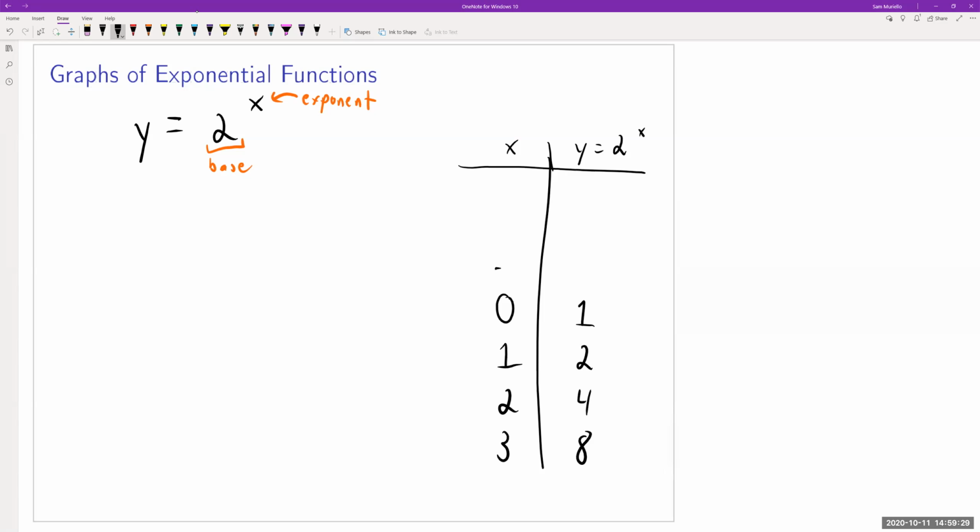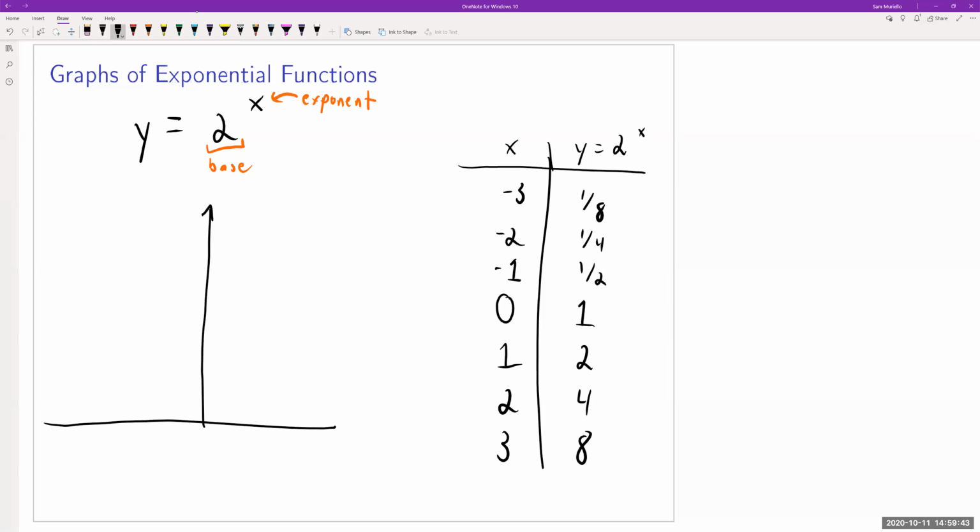And we can use this to determine what's going on in our negative numbers. When x is -1, I would have 1/2, -2 for 1/4, and -3 for 1/8. We could go further, but this should give us a pretty good idea of what's going on here. So we're going through the point, let's see, let's give ourselves a scale here. 1, 2, 3, 1, 2, 3, 4, 5, 6, -1, -2, -3.